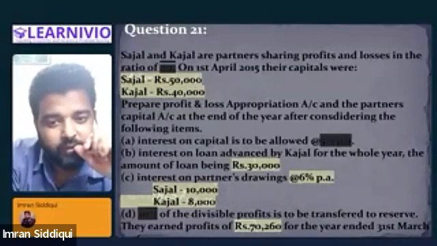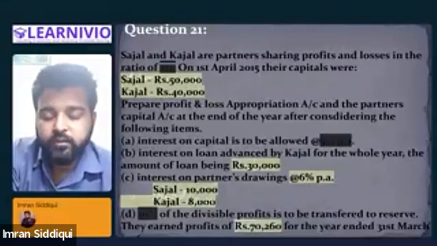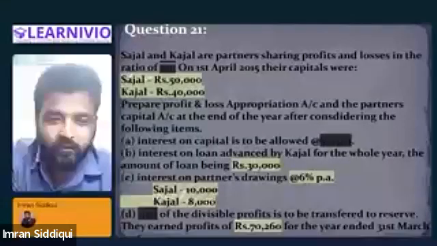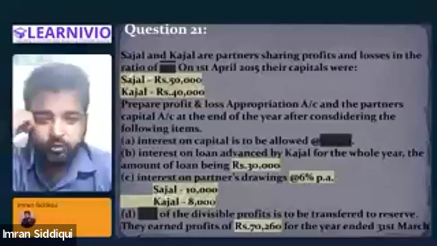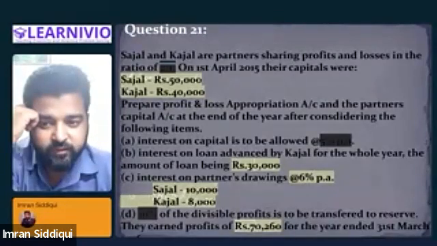All right. And this is a little bit different from the previous one. Let me just read this question for you first of all. It says, Sajal and Kajal are partners sharing profit and losses in the ratio of 2:1. On 1st of April 2015, their capitals were, for Sajal 50,000, for Kajal 40,000.